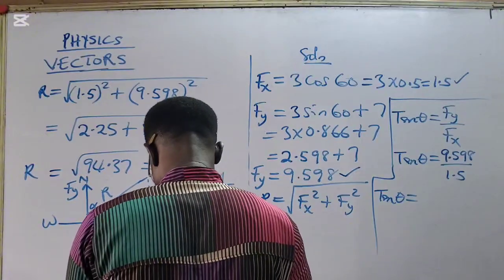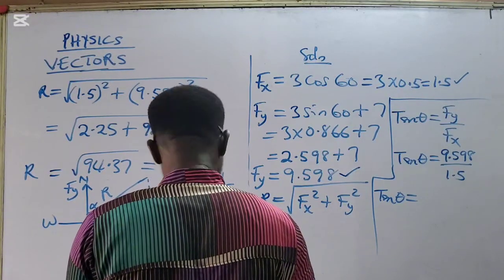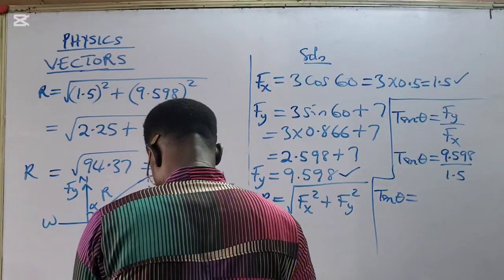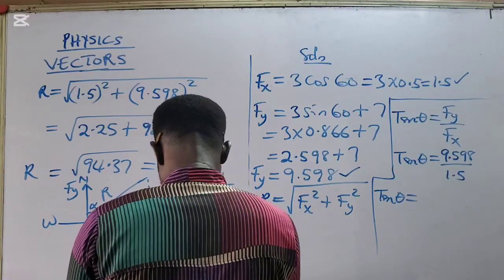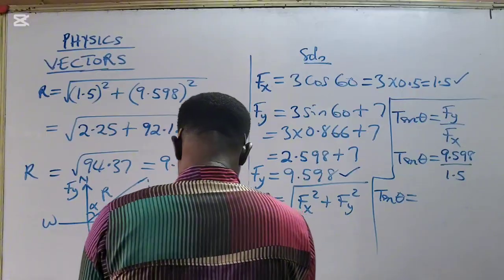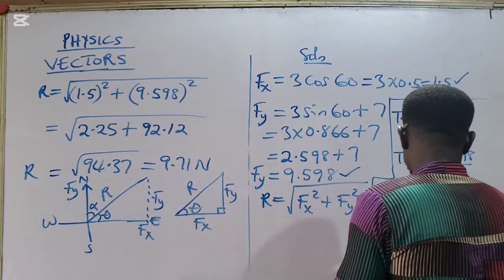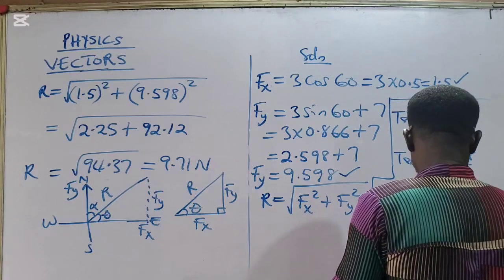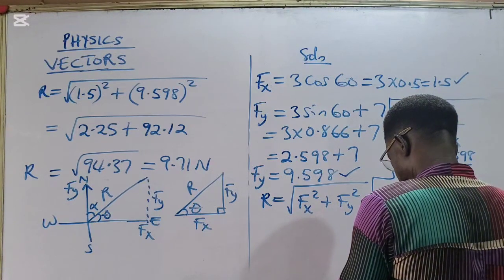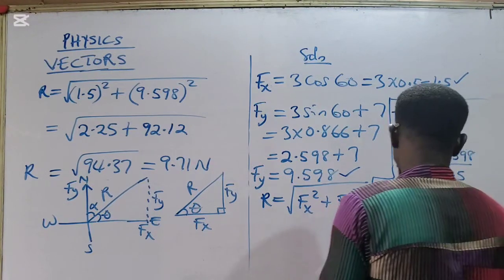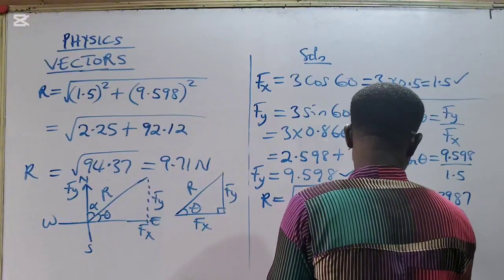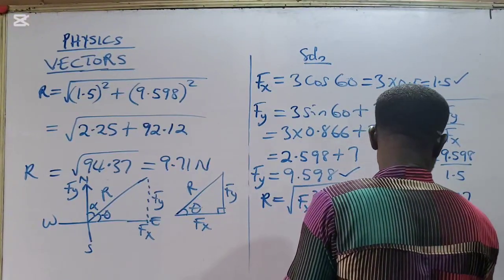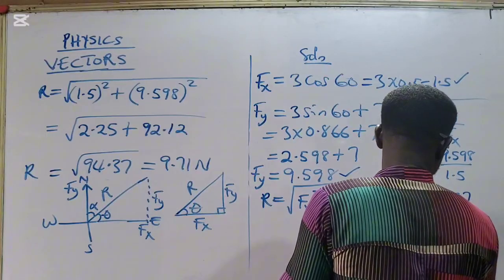Now let's find tan theta. We divide 9.598 by 1.5, that gives 6.3987. So theta will be tan inverse of 6.3987.